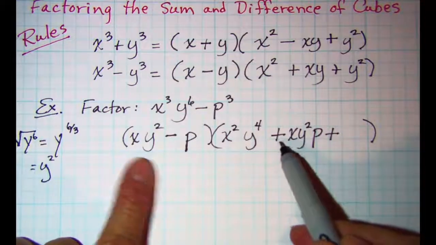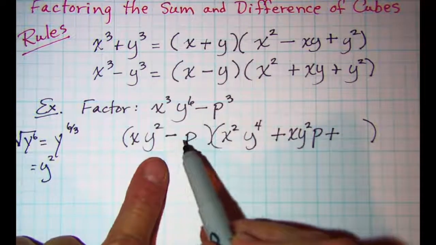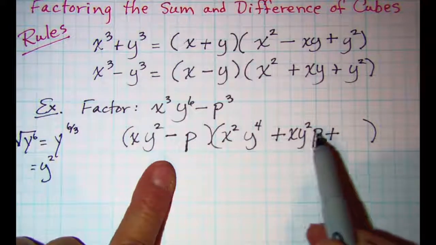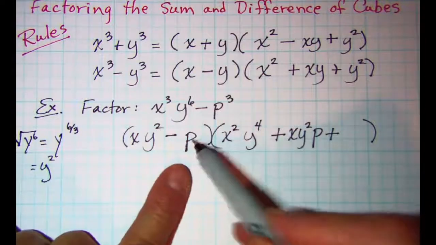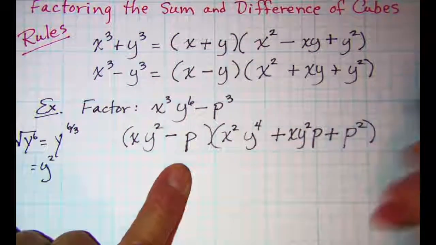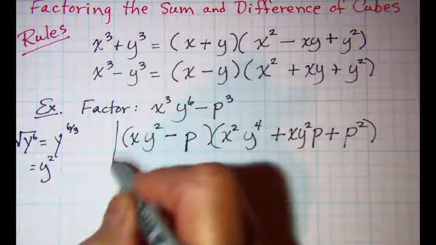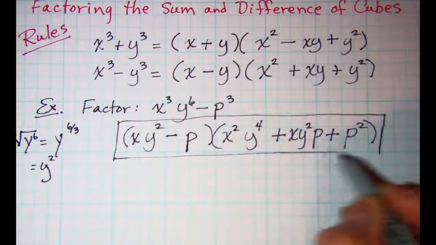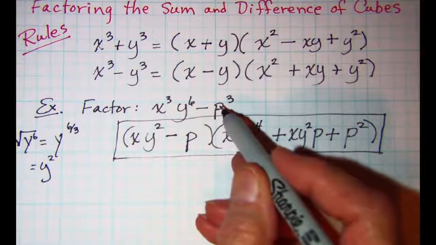And notice that I don't think of this as a minus p. It's just take the term itself. And then square my last term, so p squared. This is my factored form of this difference of cubes.